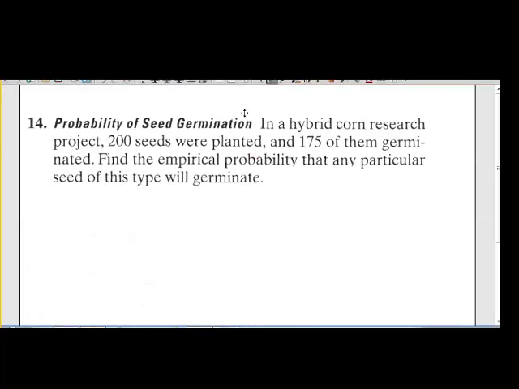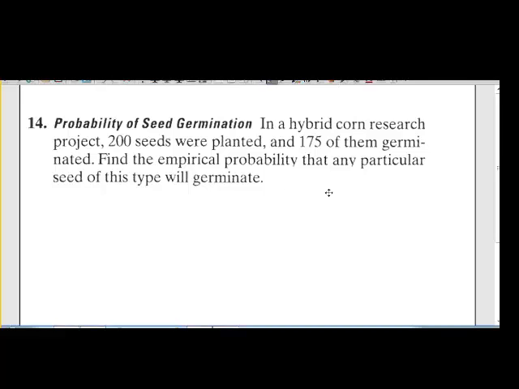These to me seem very simple, but hopefully they are to you as well. So this is problem 14. In a hybrid corn research project, 200 seeds were planted, 175 of them germinated. Find the empirical probability that any particular seed of this type will germinate.